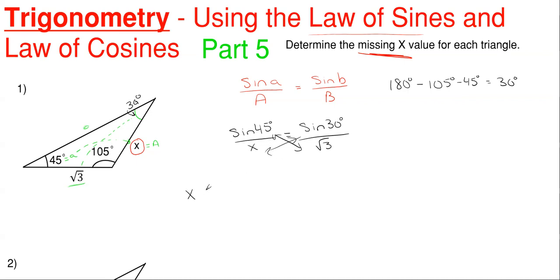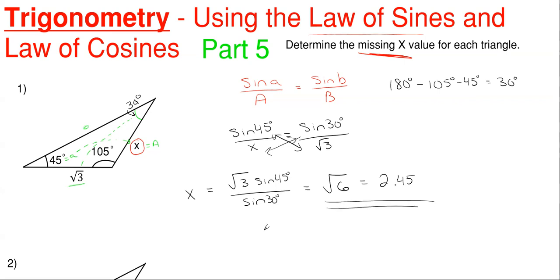So we would have x is equal to the square root of 3 times the sine of 45 degrees, divided by the sine of 30. This ends up being exactly the square root of 6, which, if you want to approximate that out, is 2.45. That would be my unknown side of x. That's how you would find that side using the law of sines.